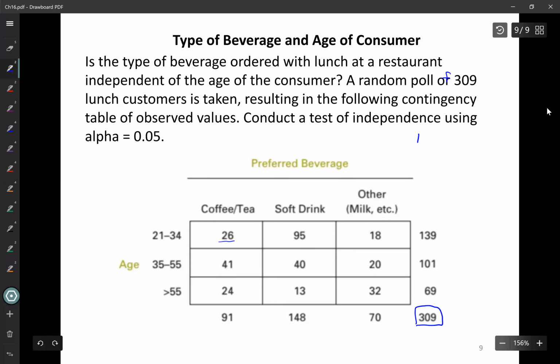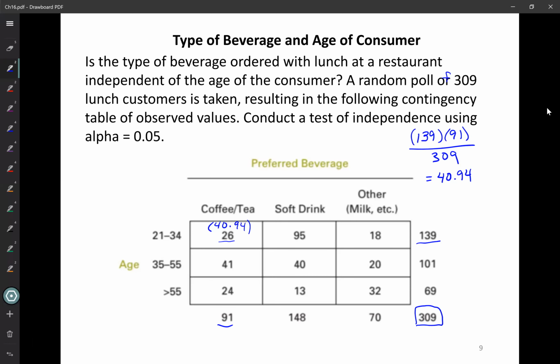We take the row total, multiply it by the column total, and divide by the grand total. And we get 40.94. To keep track, you can put those in brackets, 40.94. So we observed 26 customers, but we would have expected 40.94 based on this data.